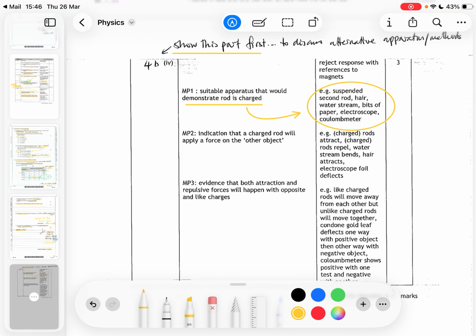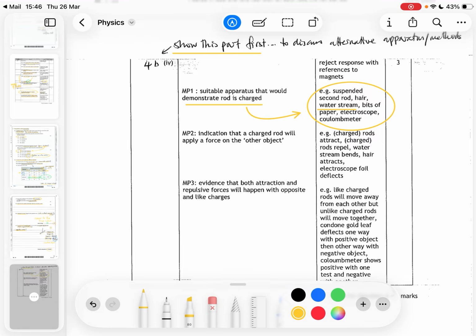So what I always show my students is that when you rub a cloth with a rod using friction, the rod will be charged, and if you hold it next to a stream of water from the tap in the lab, the water, which is neutral, will bend towards the charged rod, okay?